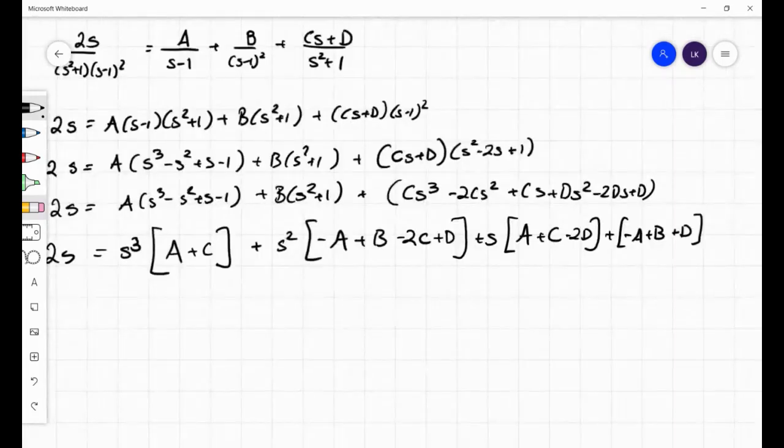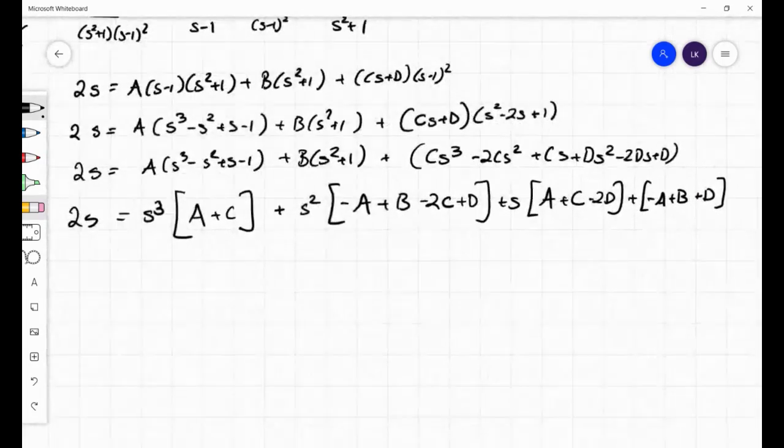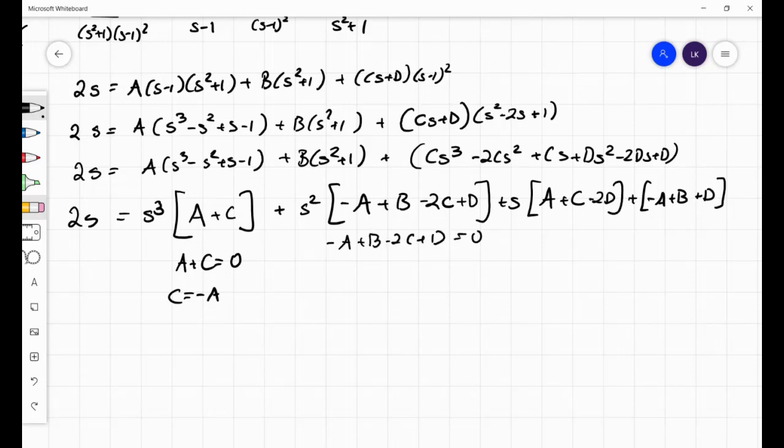So if you compare the two polynomials in s on either side, for the two sides to be equal for all s, a plus c has to be 0. Likewise, this coefficient has to be 0, but then c is the negative of a, so you get a plus b plus d is 0.